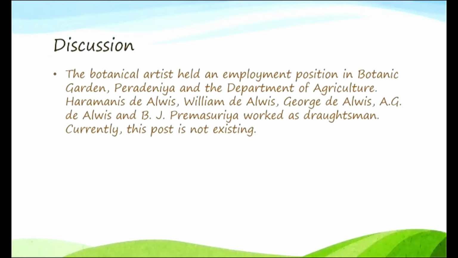But when we consider foreign countries, maybe India, the United Kingdom, Australia, America, in all those places, in their herbariums and botanical gardens, well-renowned, popular botanical artists are working. Since they work every day, their activities and their quality are very high.